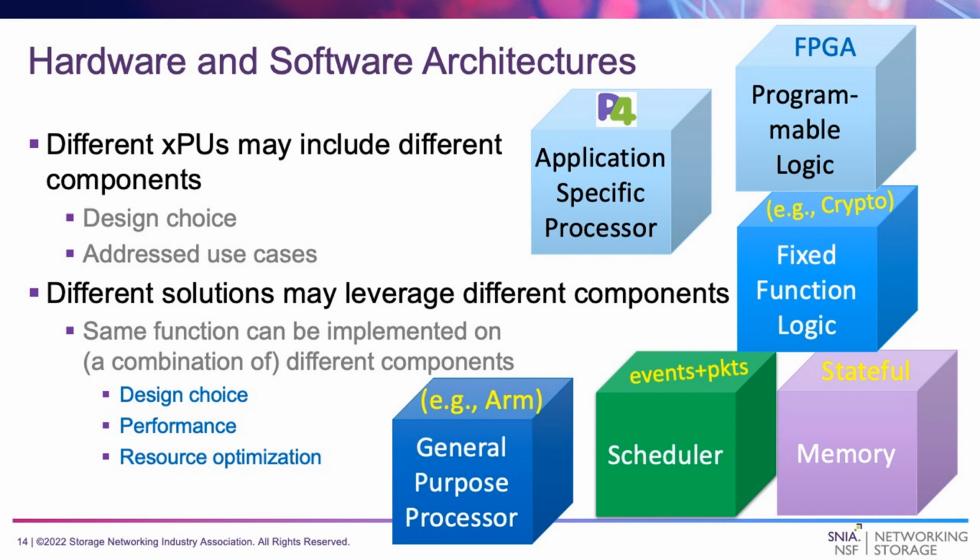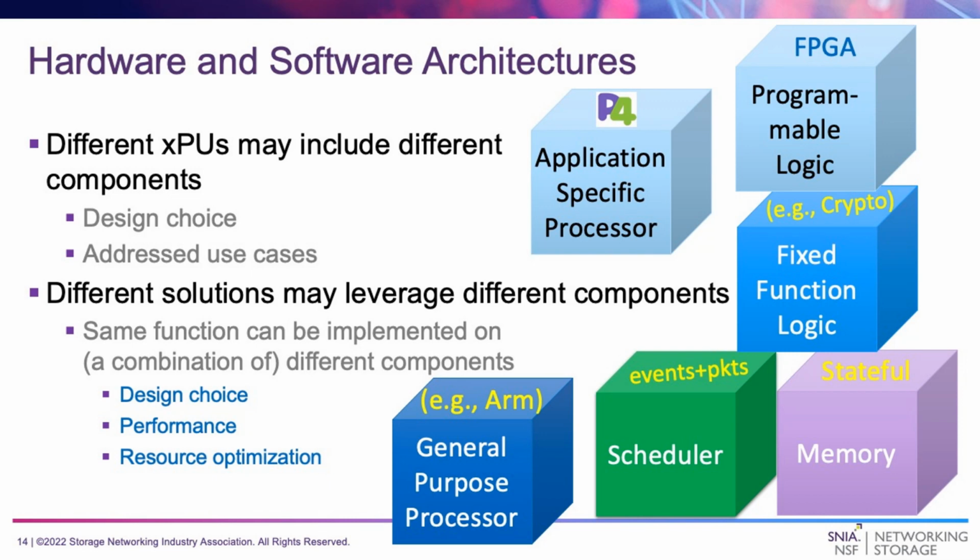We can have general purpose processors, we can have fixed function logic, programmable logic, application-specific processors programmed, for example, using domain-specific languages like P4. And then we can have modules like schedulers, memory. So all of these elements can be present in xPUs. They don't have to be all present in all xPUs. Different xPUs may decide to include a subset of those based on design decisions or based on the specific use case that they want to address.